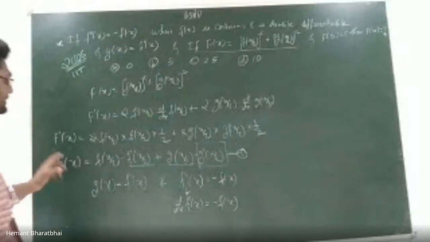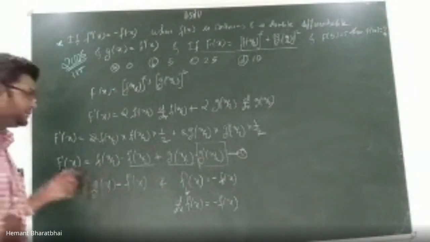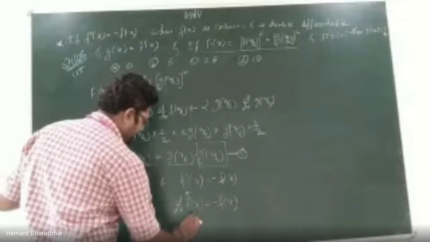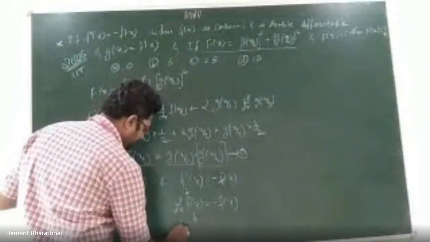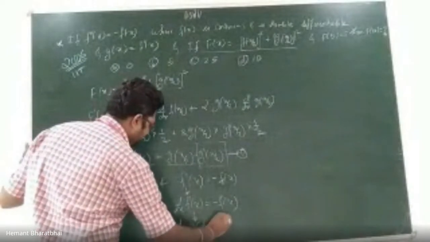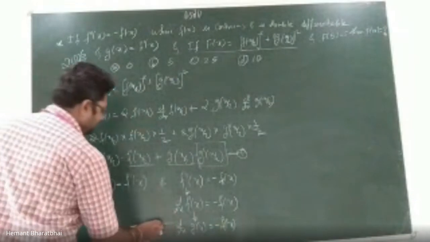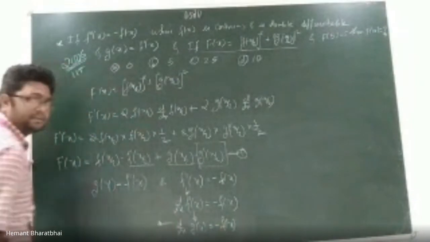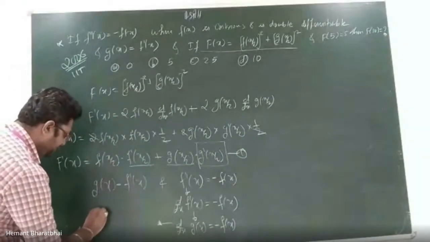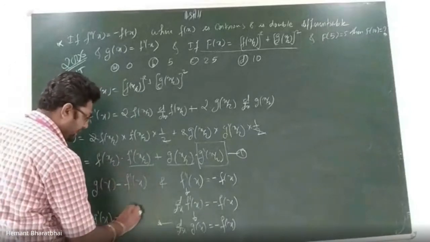Now, as per this data, f dash of x is equal to g of x. So instead of f dash of x, I'll put d dx of g of x is equal to minus f of x as per the given data. So this d dx of g of x is nothing but g dash of x, which will be equal to minus f of x.